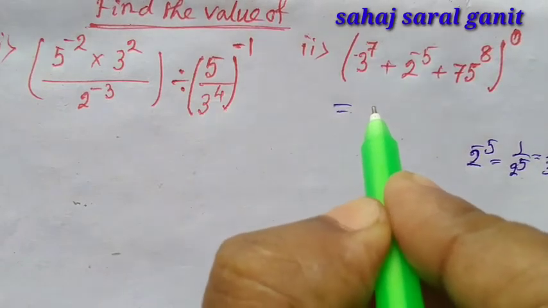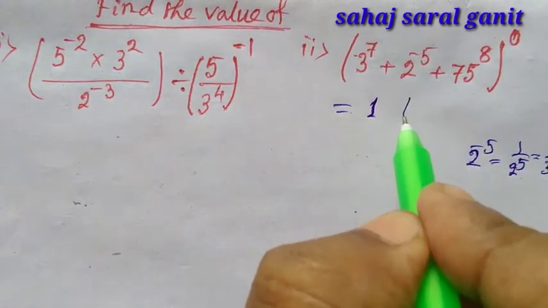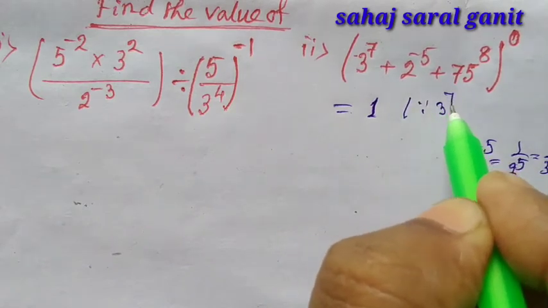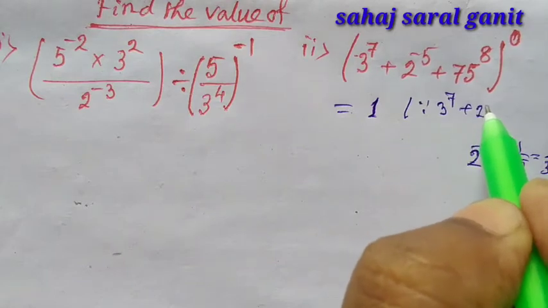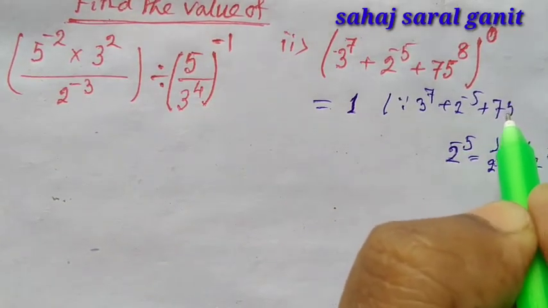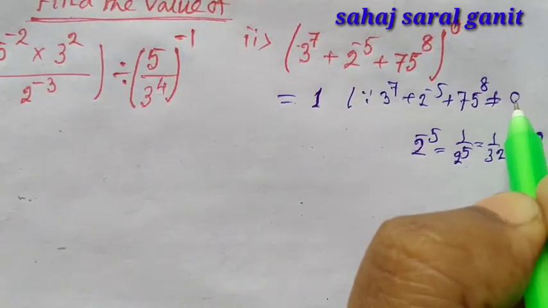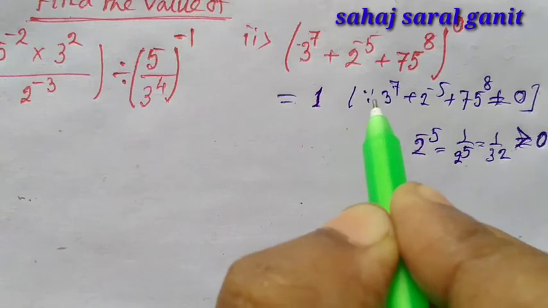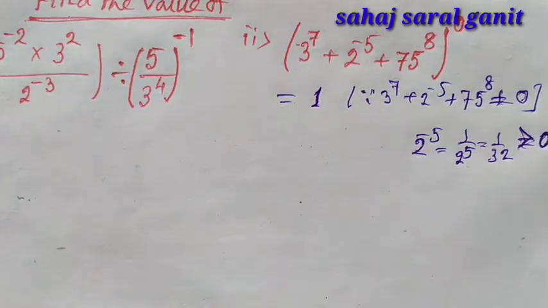Therefore something to the power 0 is equal to 1. Since the expression is not equal to 0, the value must be 1.